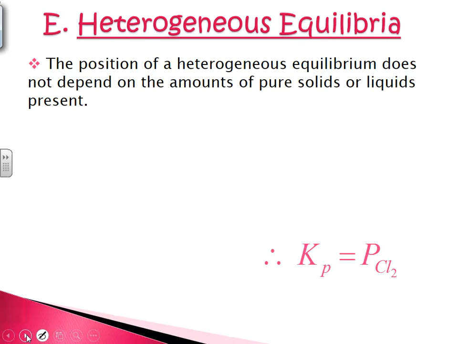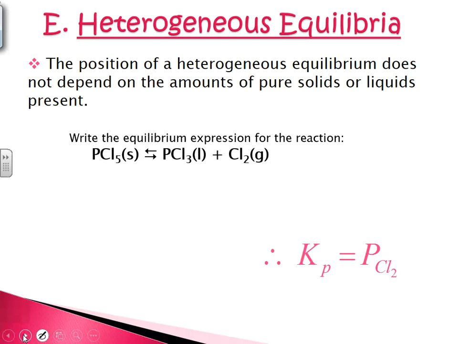Let's talk about heterogeneous equilibria for a minute. The position of a heterogeneous equilibrium does not depend on the amounts of pure solids or liquids present. If you look at the equilibrium expression for this reaction here, where you have a solid, liquid, and a gas, remember we do not use solids or liquids in our law of mass action, only gases.